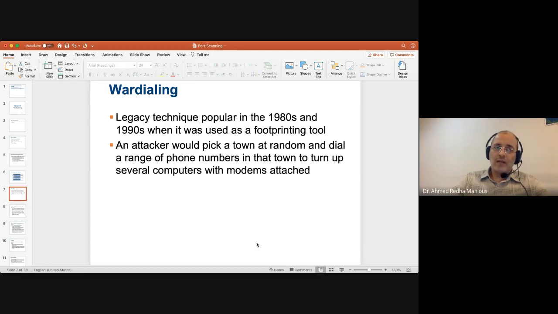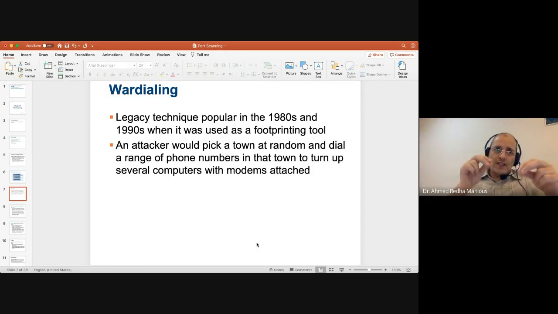Like a module, you insert it into a slot. You just insert it. You go to the market, you buy a modem, which is like a card, like a PCI card or network card, and you plug it into your motherboard.